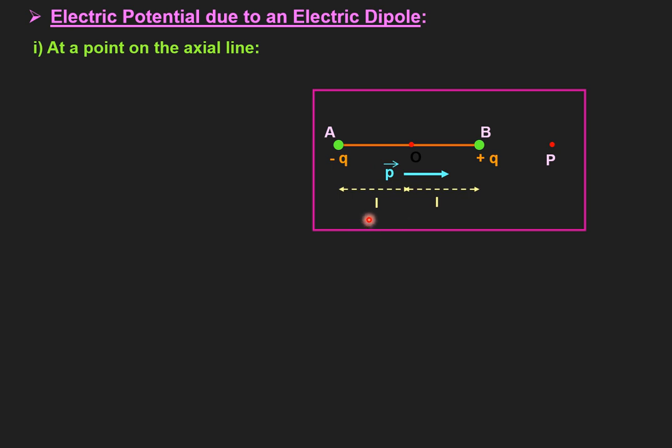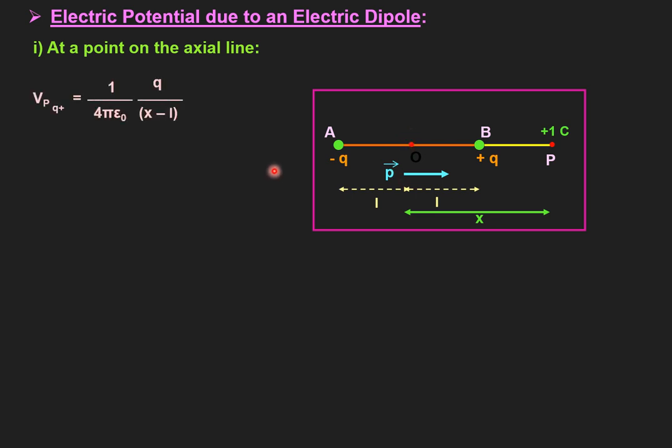So let us say we have the charges minus q and plus q separated by 2L distance, that is, L plus L. This P point I have taken on the axial line. So at P point I want to calculate the expression for electric potential. This P point lies at a separation of small x from the midpoint of this electric dipole system.